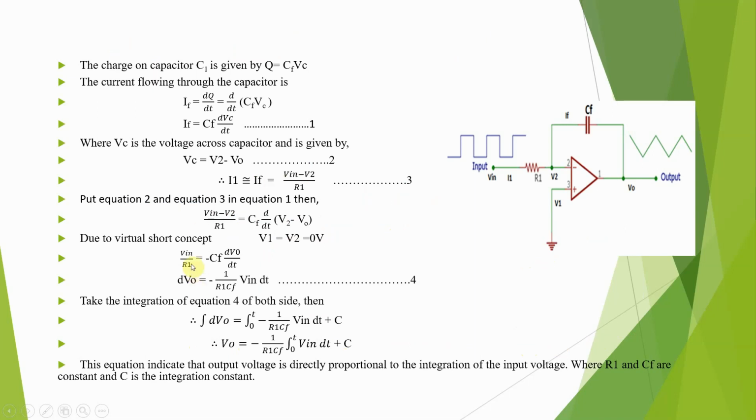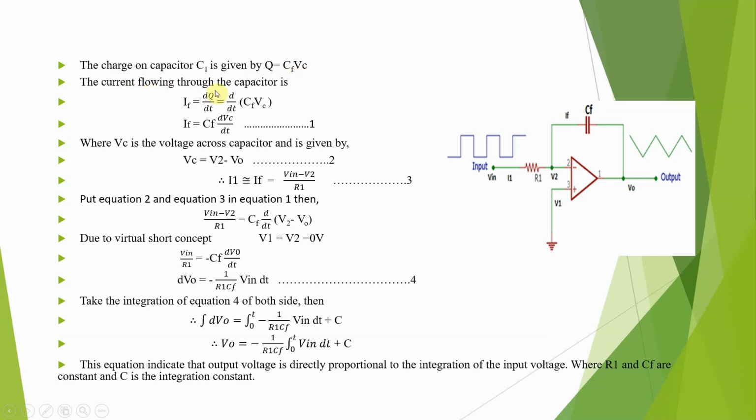Then to calculate the output voltage, first find the charge on the capacitor. This capacitor is connected in the feedback path. The charge on the capacitor is Q, and Q is equal to capacitance into voltage across the capacitor, therefore CF into Vc.